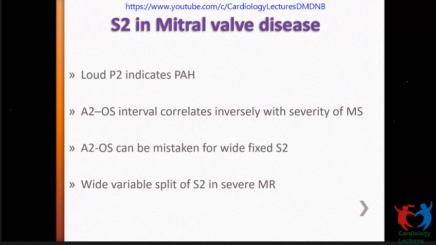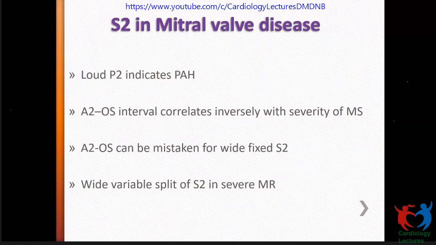So the only answer is by the A2 P2 split. The more severe the AR, the earlier will be the A2, and hence wider will be the A2 P2 split. So MR affects the A2 P2 split, MS affects, AS affects, AR affects. Whatever disease you talk of, S2 is affected, maybe in different directions. So in a given case, S2 cannot be normal.